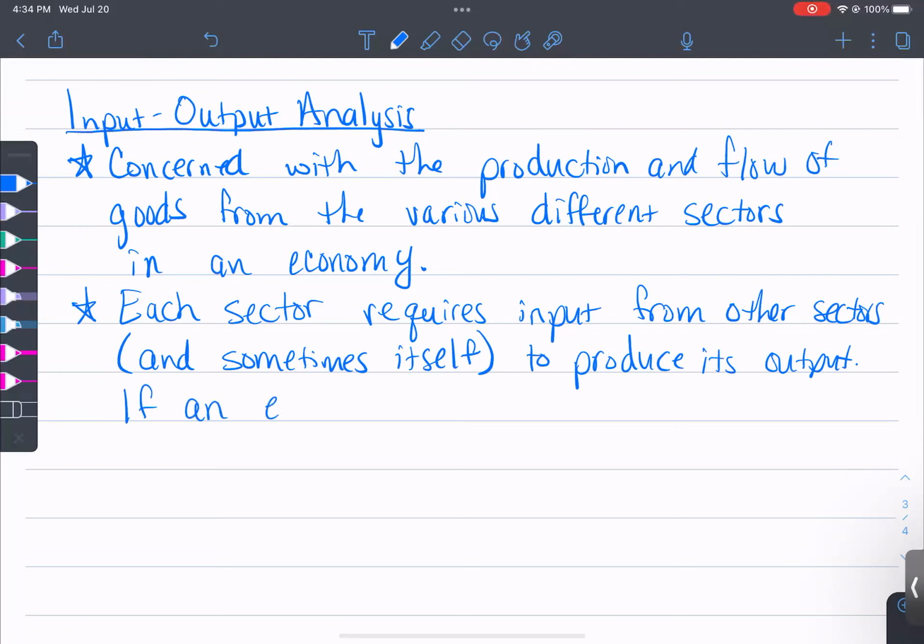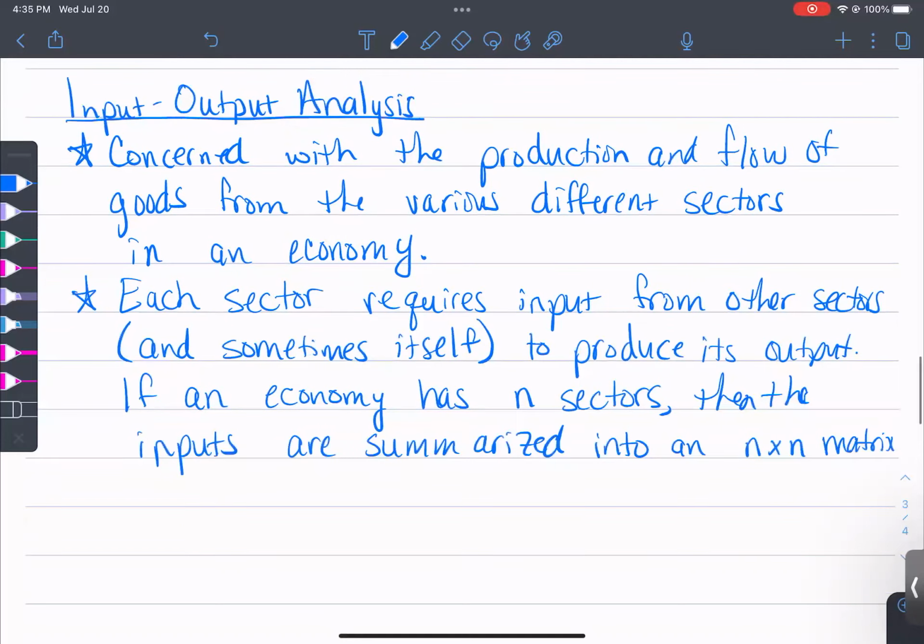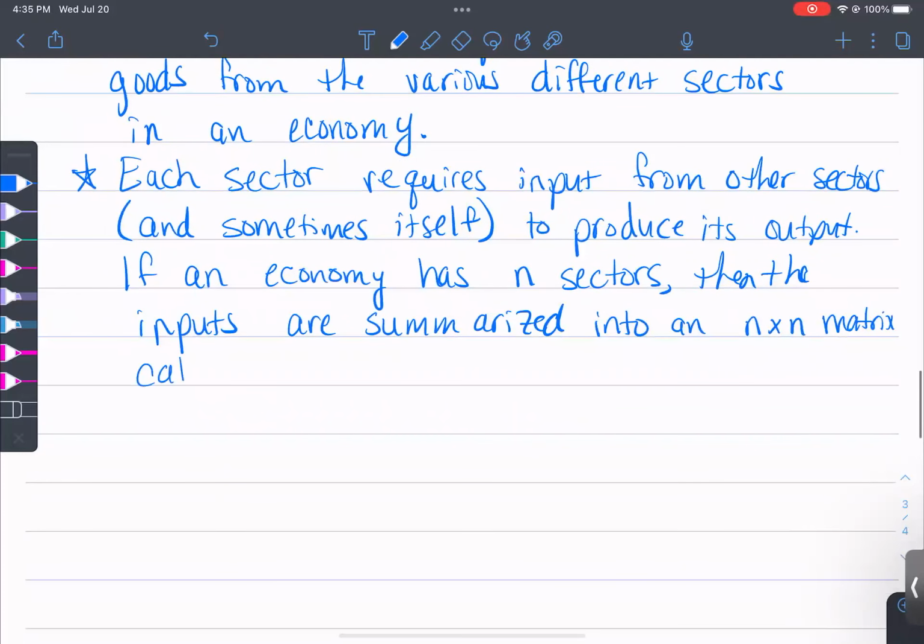So if an economy has n sectors, then the inputs are summarized into an n by n matrix called the input-output matrix.